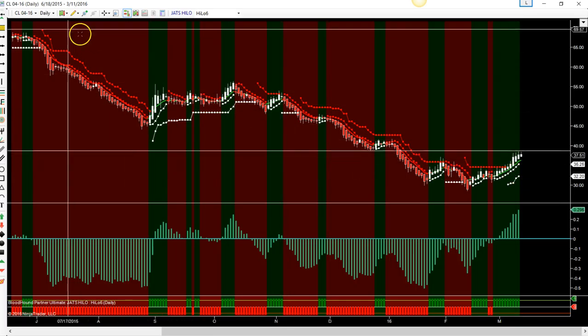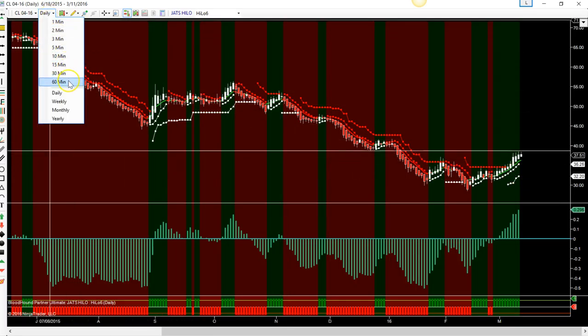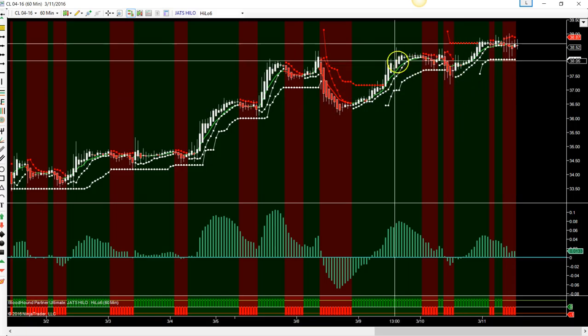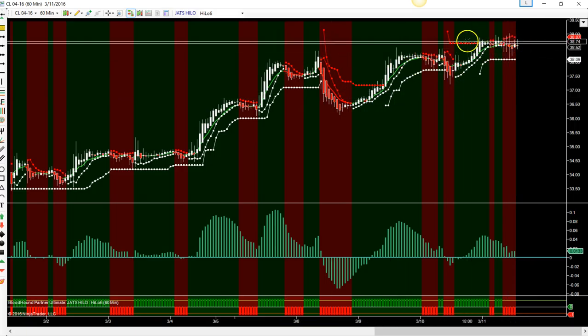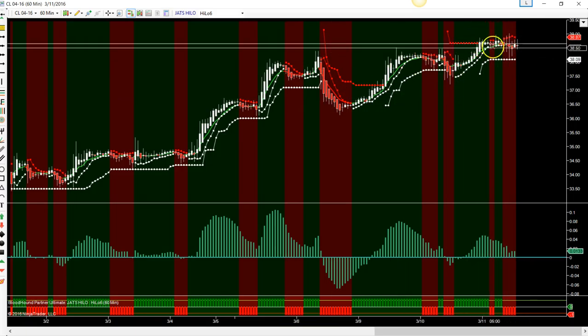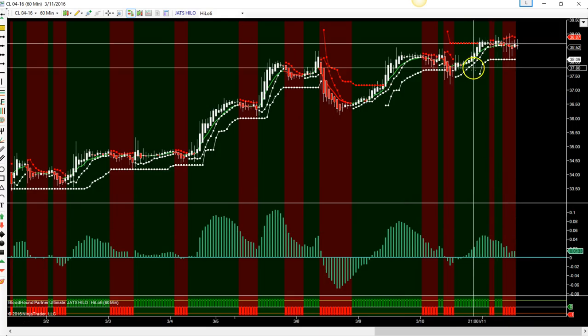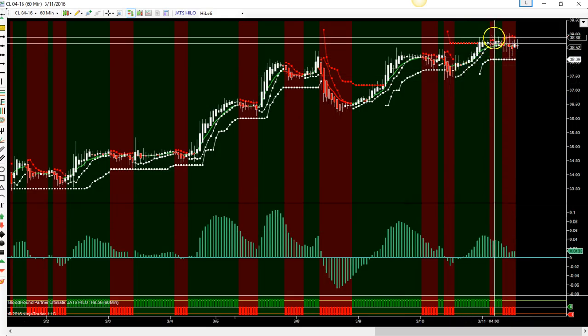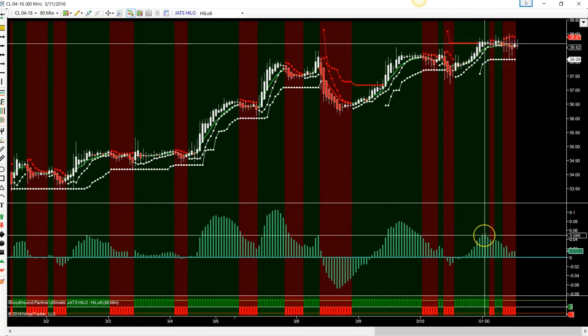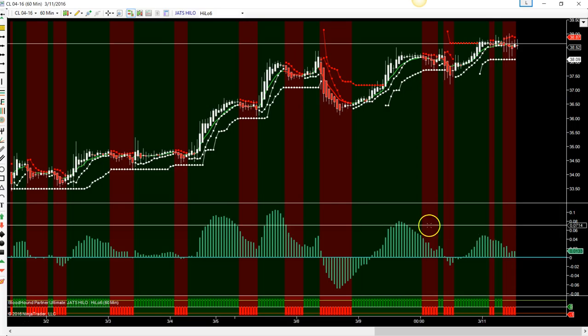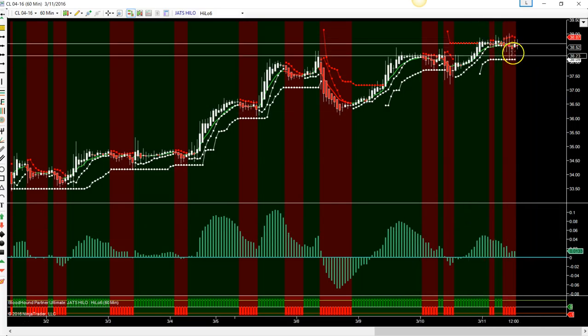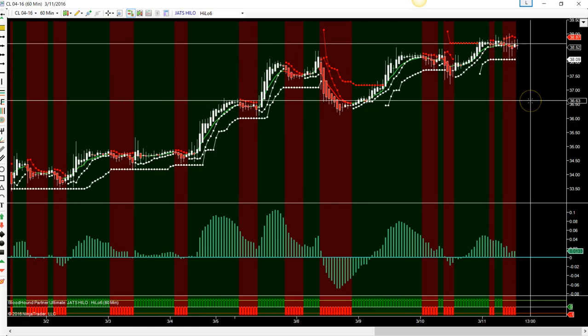So let's drop this down to the 60-minute, and you can see that we hit that line, broke through it, but we're bouncing off of it. So it got bouncy on our session yesterday, and here is our higher high but lower high momentum, indicating that we should be seeing a pullback.